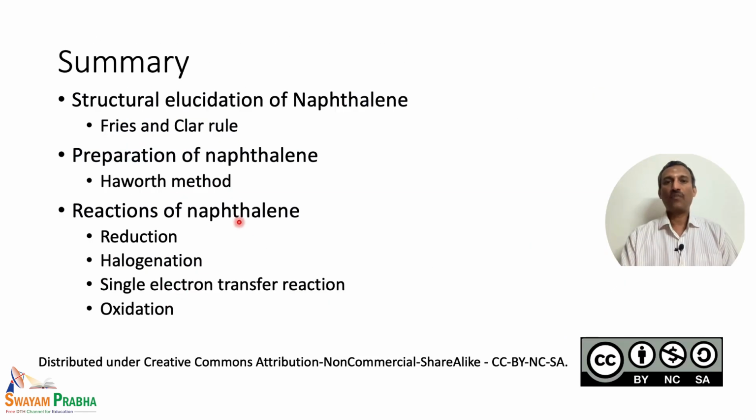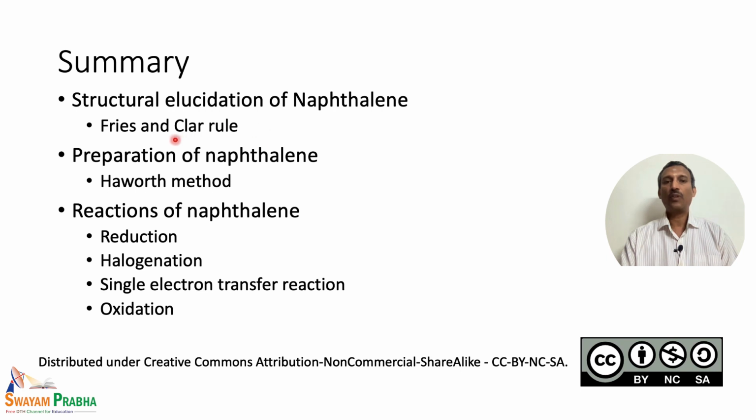Let us recap what we have studied so far. We have studied the structural elucidation of naphthalene. What is the molecular formula of naphthalene? From that, how do we deduce the structure of naphthalene? How are the two benzene rings attached, whether in a linear fashion or not? All those things we have studied.